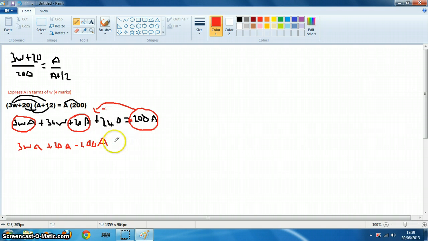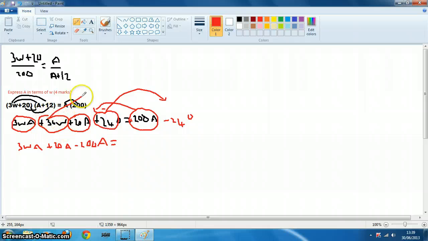What we then need to do is put in our equal sign. 240 moves to the other side, so it becomes minus 240, and positive 36W moves to the other side, so it becomes minus 36W.